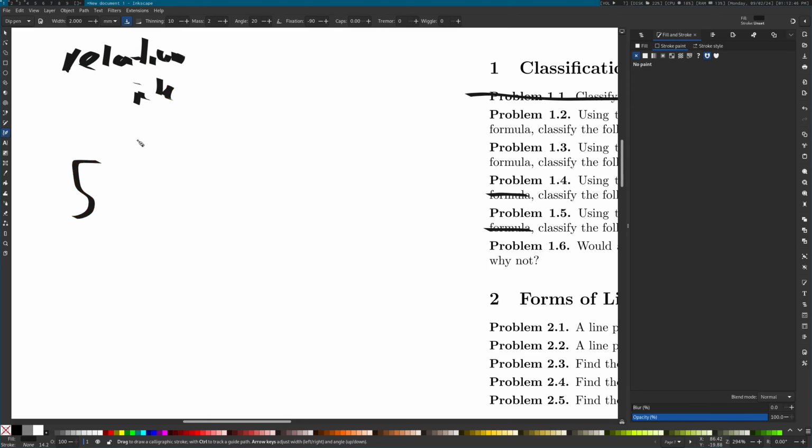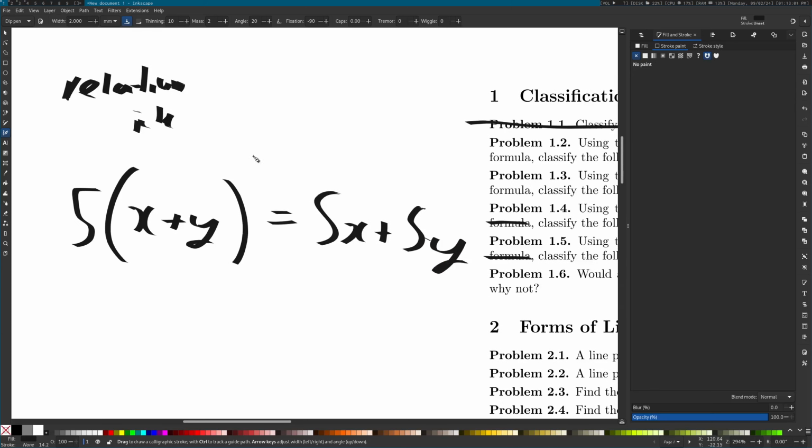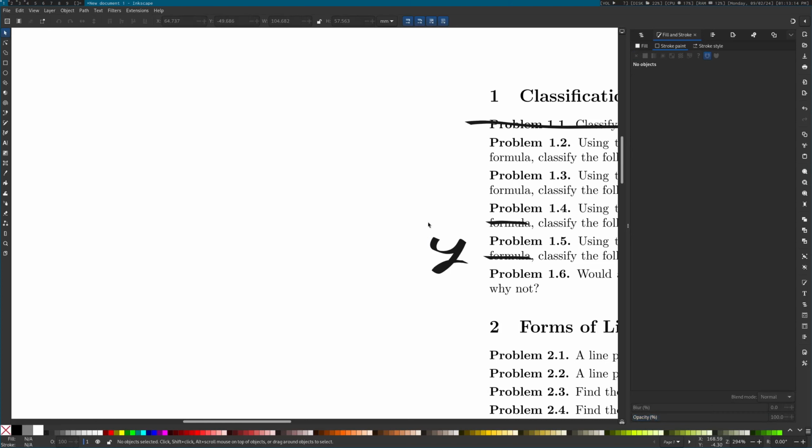Here. 5x plus y is equal to 5x plus 5y. That's one example. So a relation is like one side has an x and a y, and the other side also has an x and a y. So a relation just connects variables. And an identity is always true.